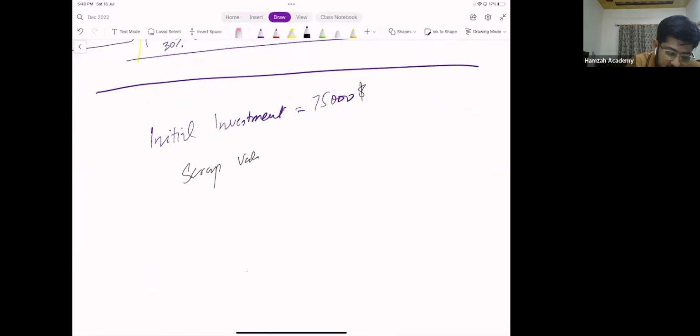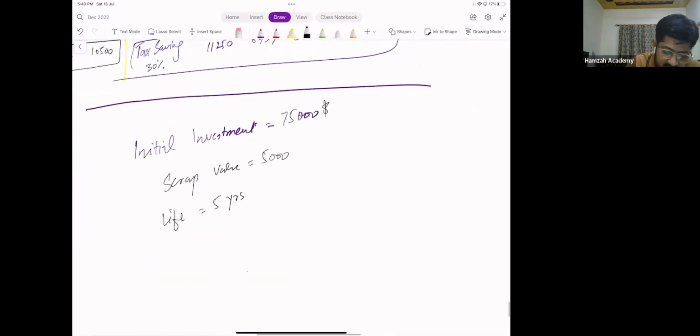Scrap value is 5,000. Life is 5 years. And capital allowance is 30%, reducing balance basis. Reduce life to 4 years to make it quick.